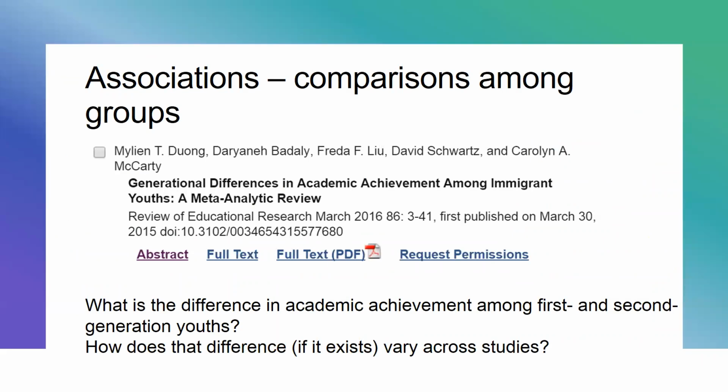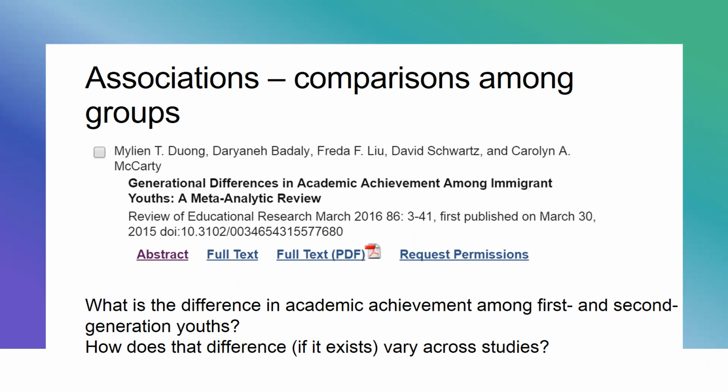And then we might also be thinking about associations in a slightly different way, such as differences between or among groups. Here's an example of a systematic review and meta-analysis published in 2016 in the Review of Educational Research that was interested in generational differences in academic achievement among immigrant youths.